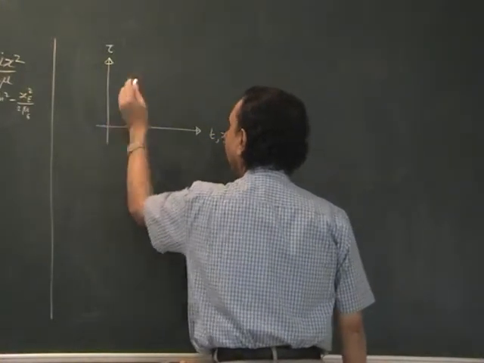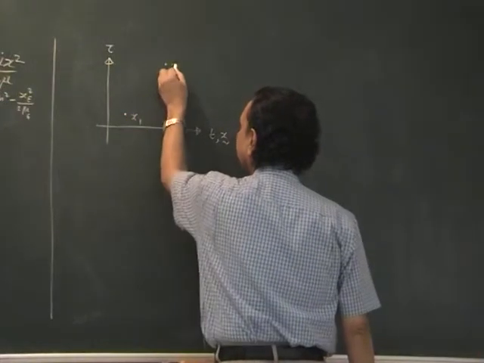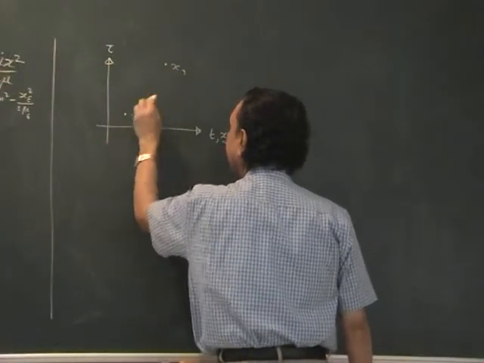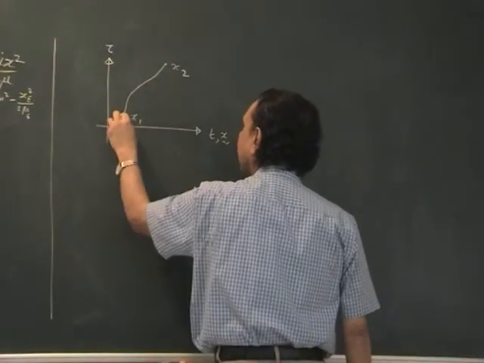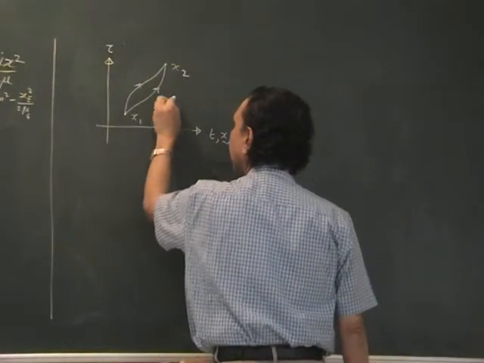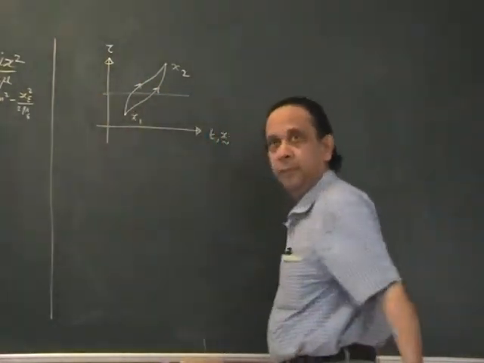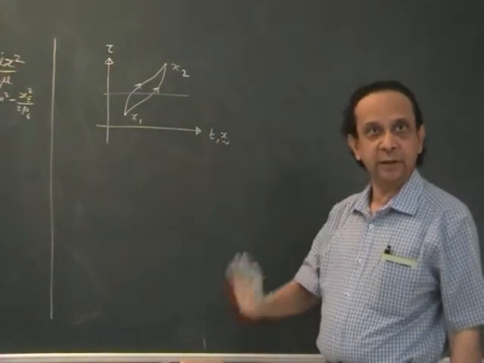You are taking one event and another event. This event is your x1. It is x2. You are thinking of all the paths which are connecting these two events like this, and all these paths go forward in proper time. At a given proper time, the curve cuts it only at one point.